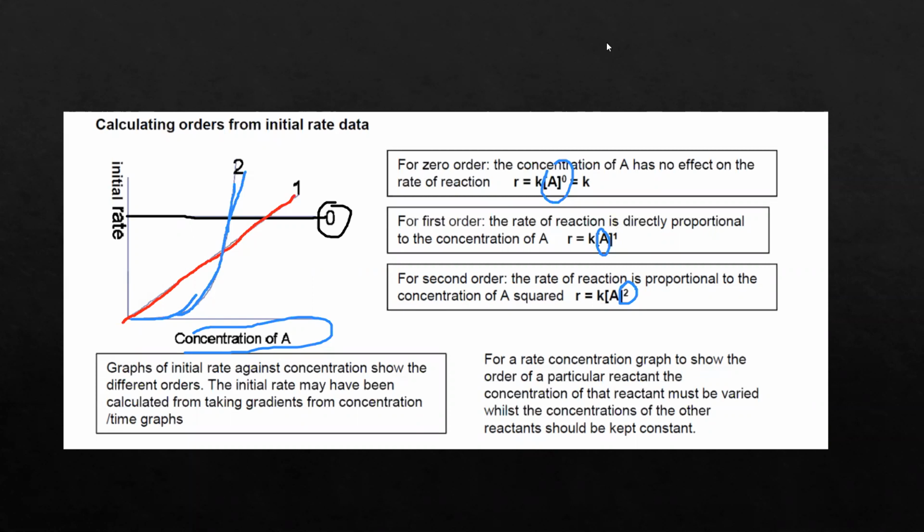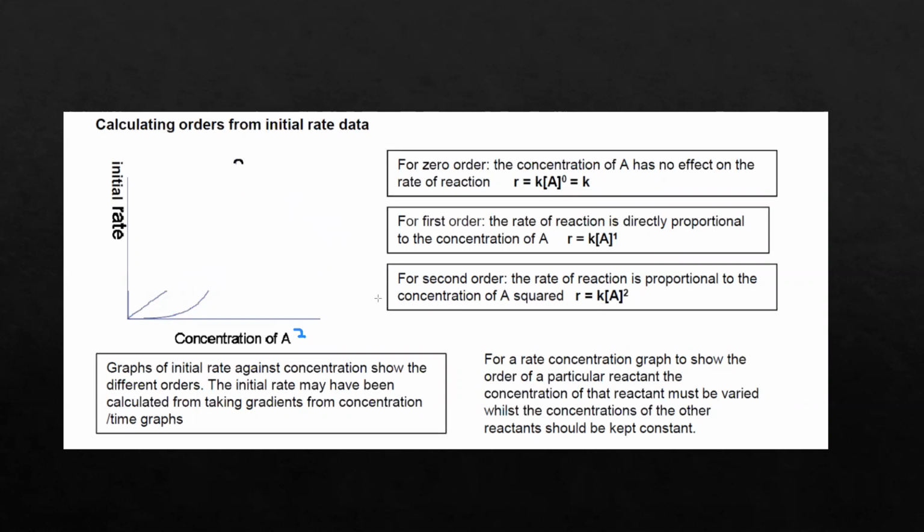But if I change the labels here, for example, if I'm plotting a graph for concentration square, as a second order reaction is there, and initial rate, in that case we should have a straight line for second order, because this is concentration square.